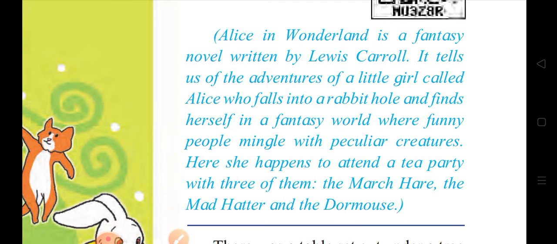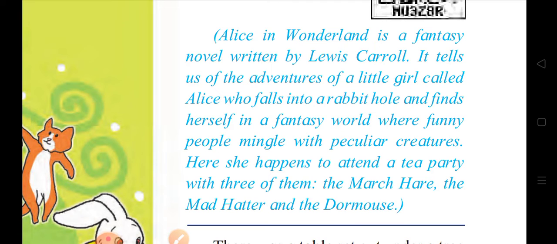You can also call that hare, which is also called a rabbit, the March hare because its breeding season is in March. It is noted for its wild and excitable behavior. So when it is its breeding season, they have very wild, excitable behavior. So is the March hare. I hope you have understood the meaning of the word March hare.